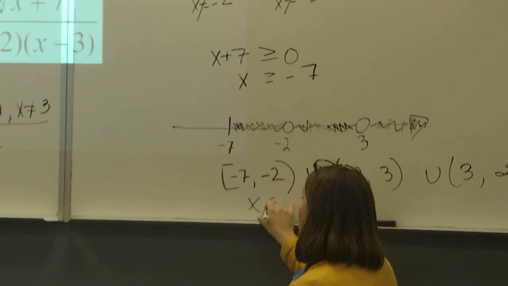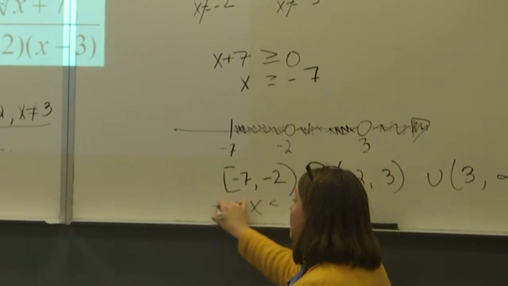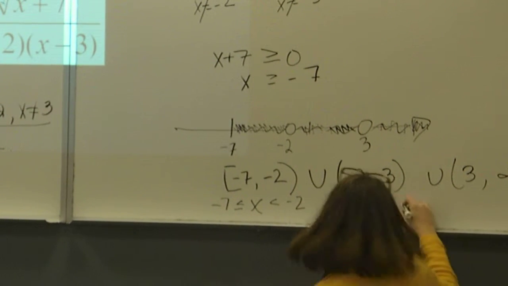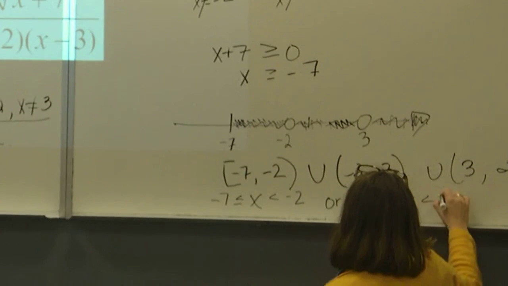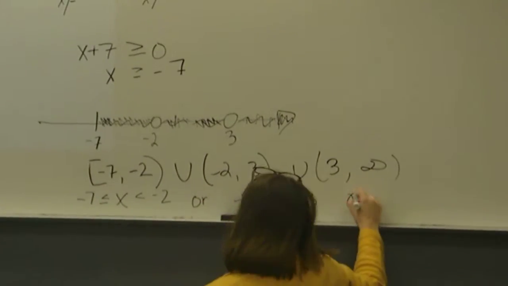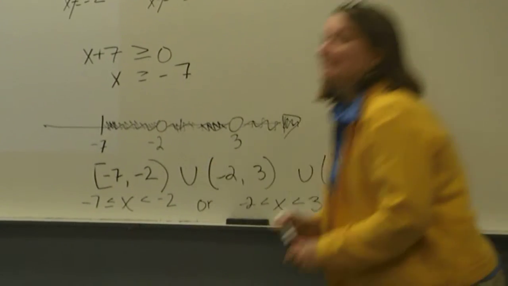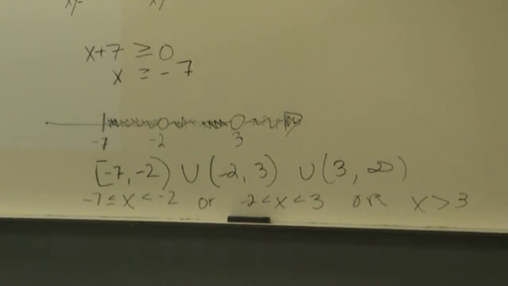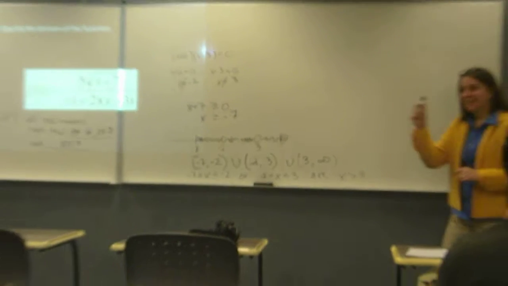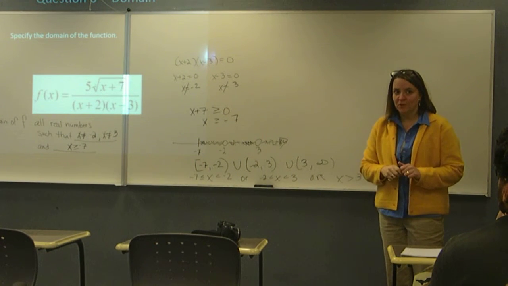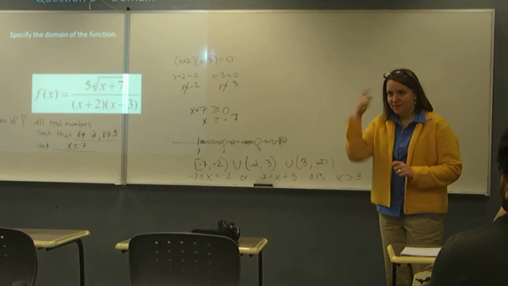So if you think about it, we want x between -7 and -2, or x strictly between -2 and 3, or x greater than 3. You can do it, it may not be pretty. Feel free to stop me if you have a question.